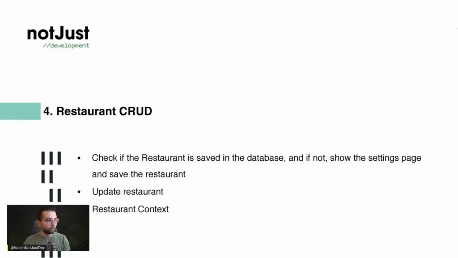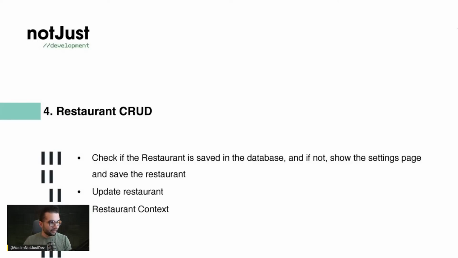The component will be called RestaurantContextProvider, a simple component that will render something on the screen, and it will specifically render our context provider, because we need to put everything inside the provider to be able to access it.